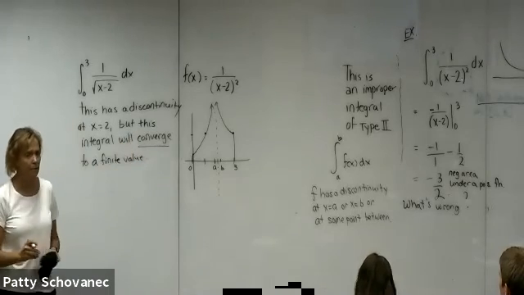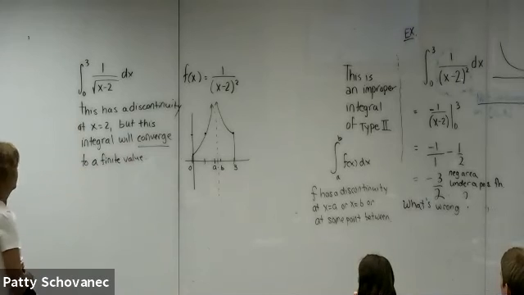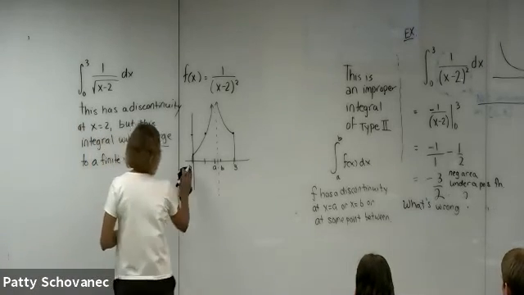That one's not going to, and I'm going to do them both the same way. It's just a subtle change in the power that I put on the x minus 2. So I'm going to do this one first, and then you can visualize what's going to happen to the other one.